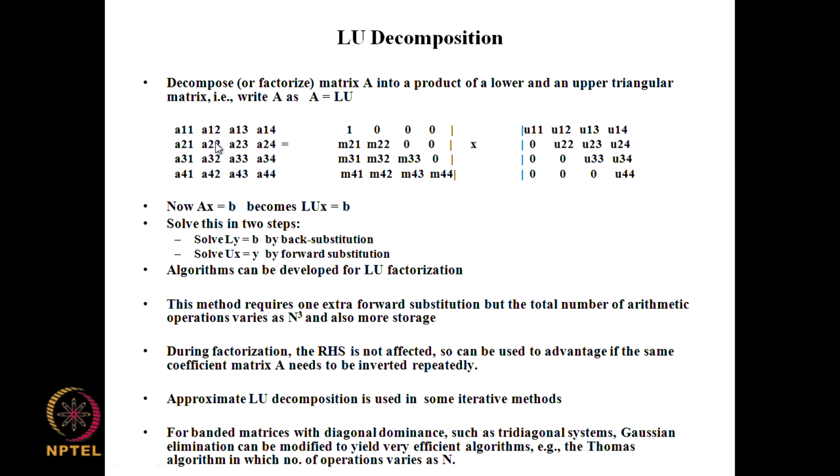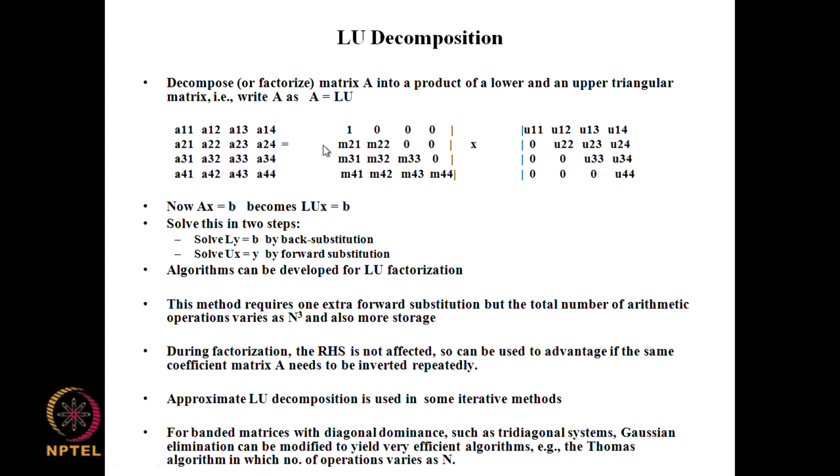Similarly, if you take this row A22, it is equal to this row multiplied by this column. So, the corresponding elements M21 U12 plus M22 U22 plus M23 U32 plus M24 U42 are all equal to A22. So, you have that condition.